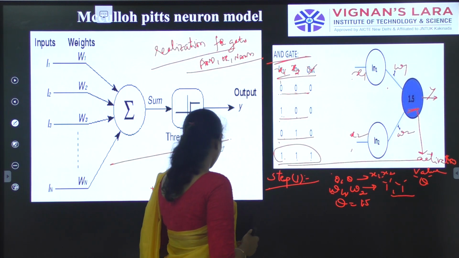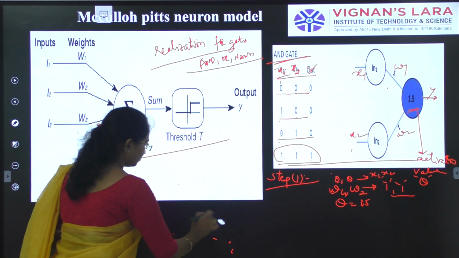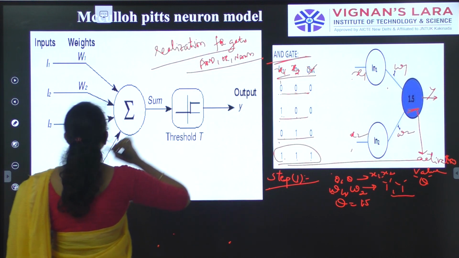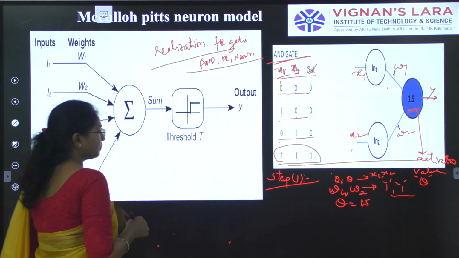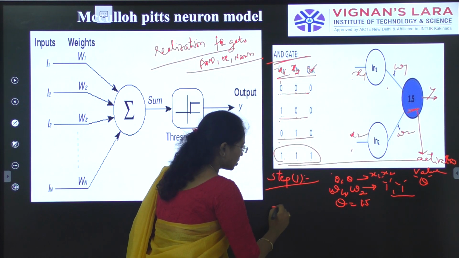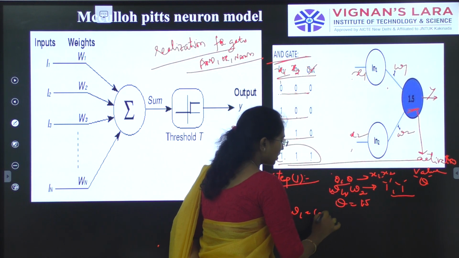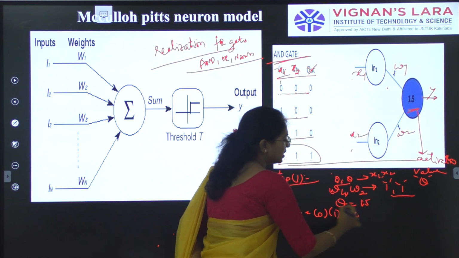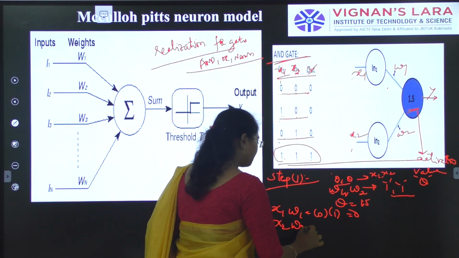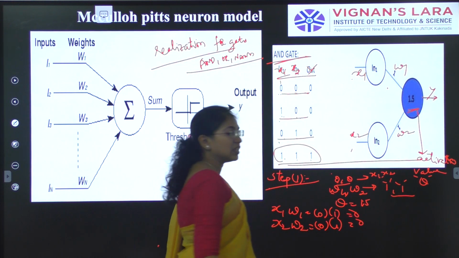Now what will we do? As the first step, we need to multiply the inputs with the weights. x1 into W1: x1 is 0, W1 is 1, so you will get 0. Next, x2 into W2: x2 is again 0, W2 is 1, so you will get 0.